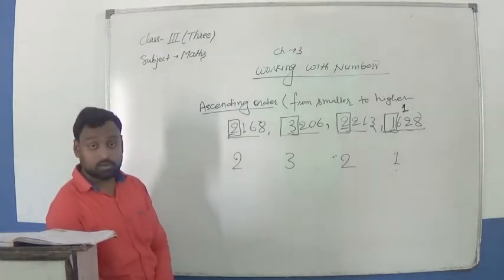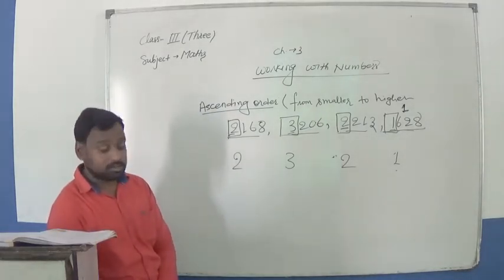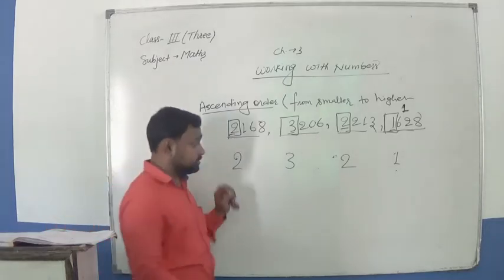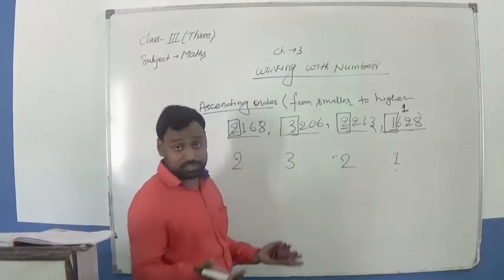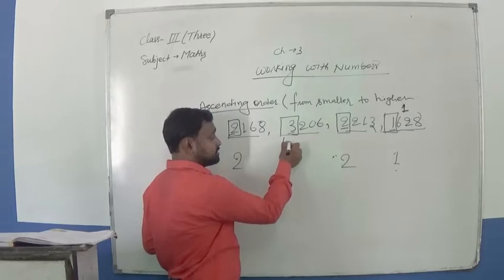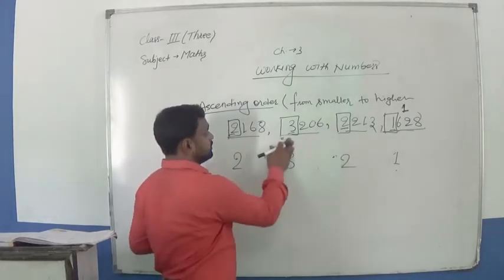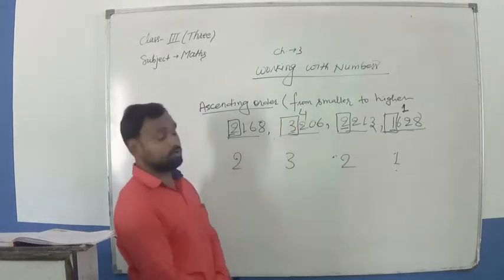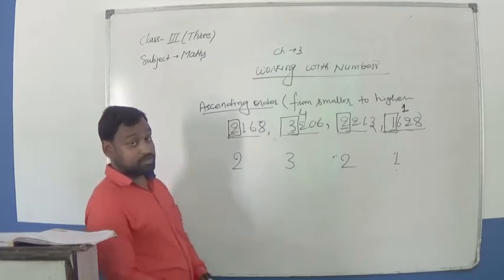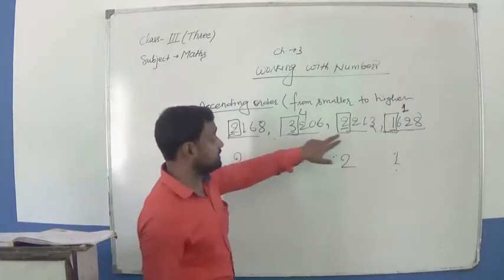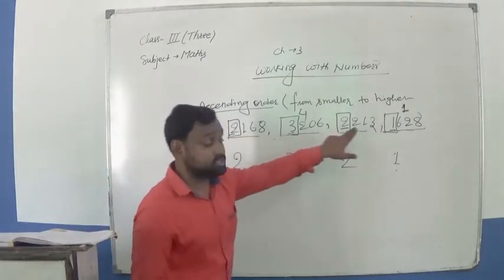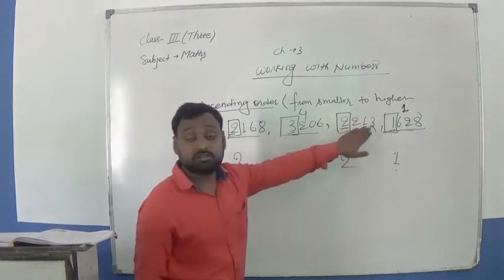After that, which is the largest? 3. That's why it will be at the last position. Mark it 4. And now you have to compare these two numbers. Which is smaller and which is greater?